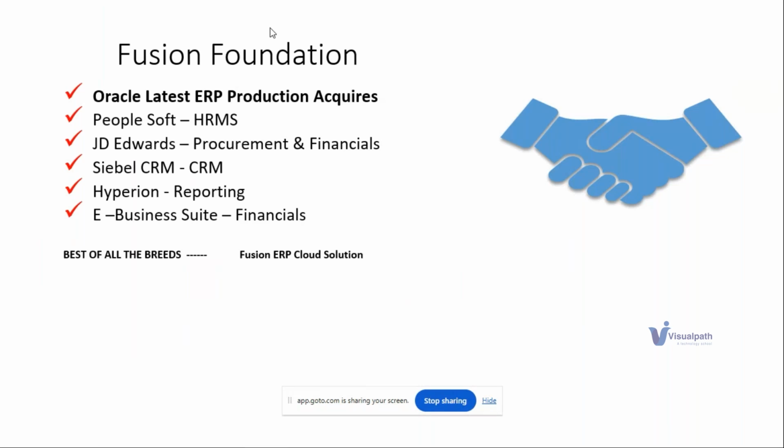So what is the benefit of the cloud application? You can quickly access reports and do configuration based on business requirements. With the earlier products like PeopleSoft and JD Edwards, it took time to get a report, waiting 2 or 3 days, and you couldn't get the report based on the business specification.